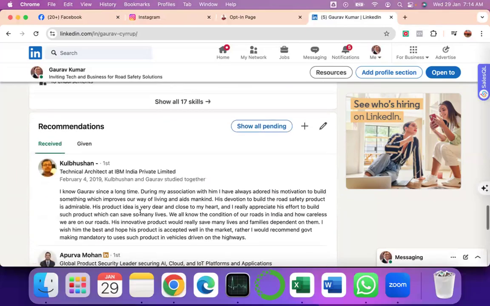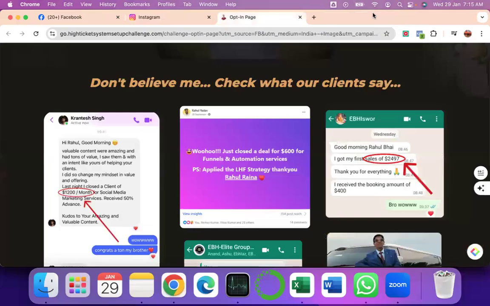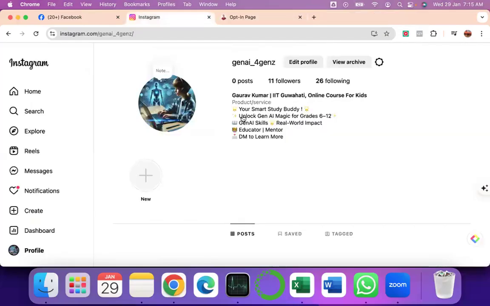All these things are put as part of LinkedIn, which is missing here, because the purpose of Instagram is very different compared to LinkedIn.